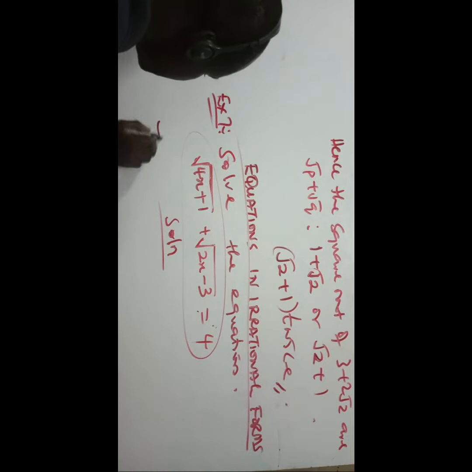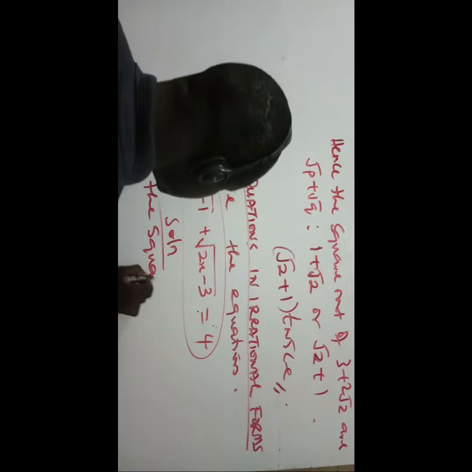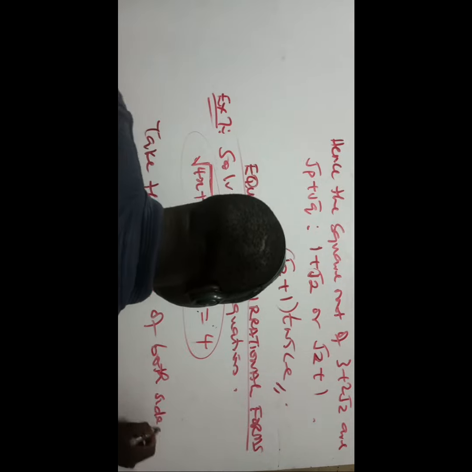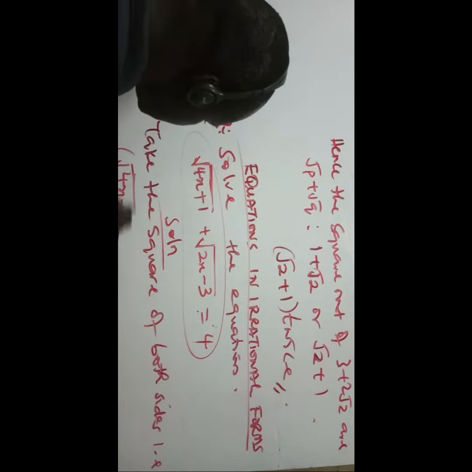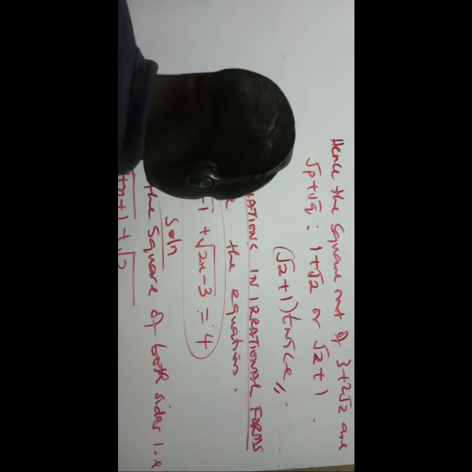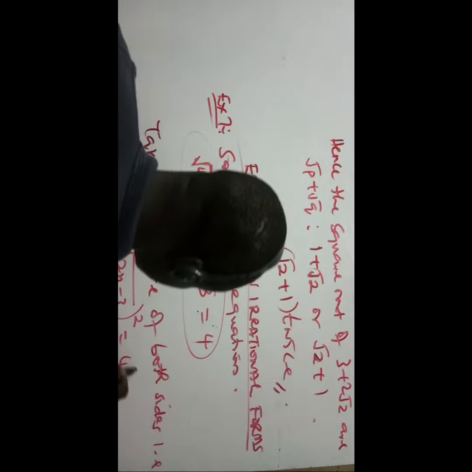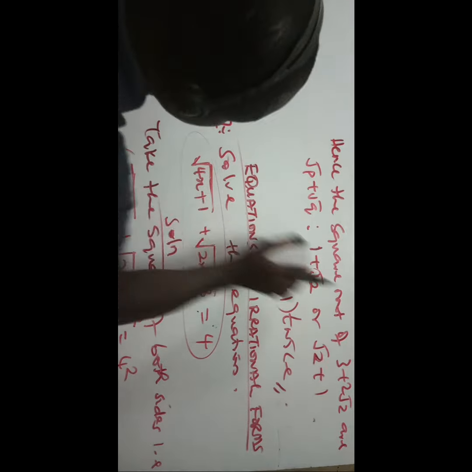So I will take the square of both sides. That is, I will have square root of 4x plus 1 plus square root of 2x minus 3, all squared, is equal to 4 squared. That is the first step that I'm going to do.